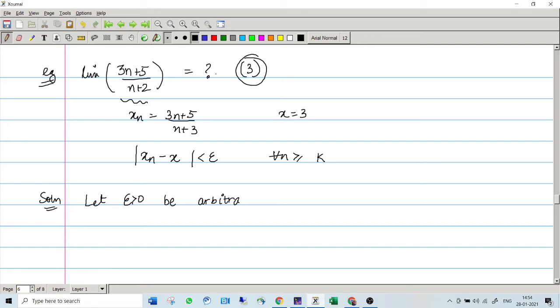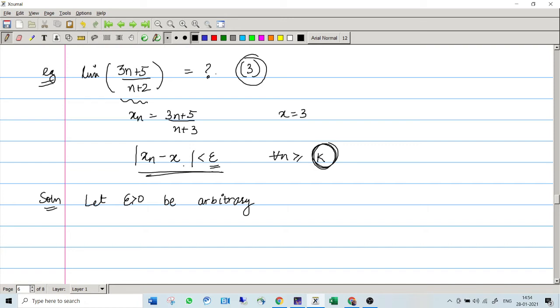Your motive is to find some natural number k, for that particular epsilon, such that for n greater than or equal to k this quantity is true. So we'll see in which situation this quantity will be true.